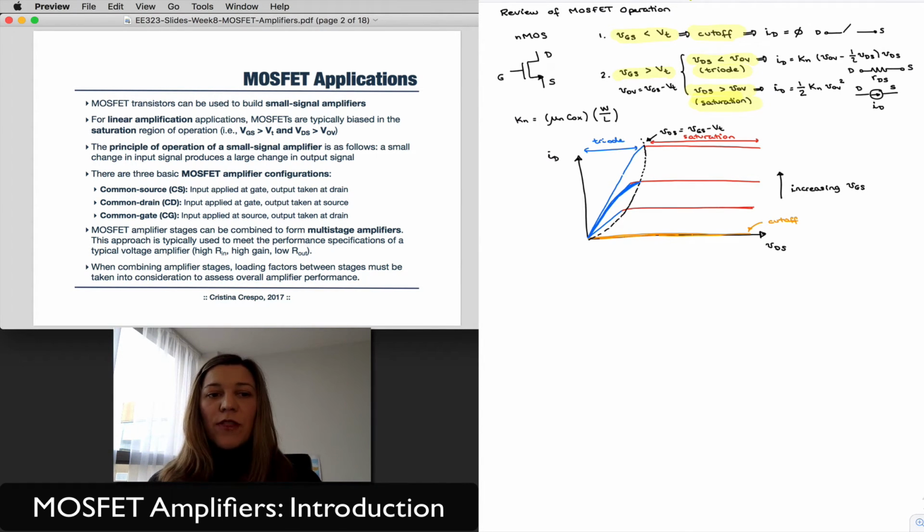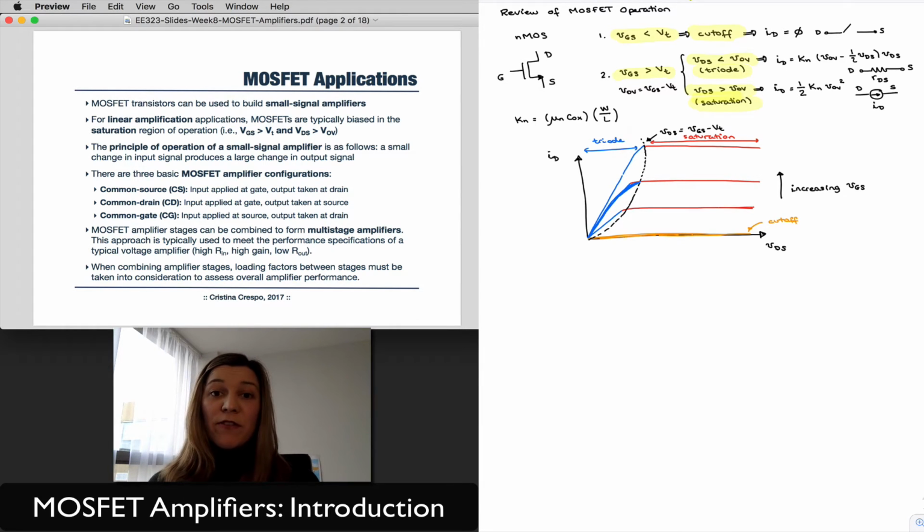Now, just like with any small signal amplifier, and that's what we're going to be using the MOSFET for, the principle of operation is very simple. We apply a very small change at the input of the amplifier, and we get a large change at the output. And so if we apply a small, hopefully, change at the input, we get a proportional change at the output.